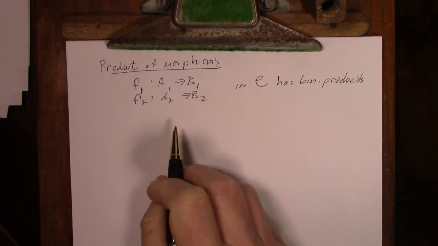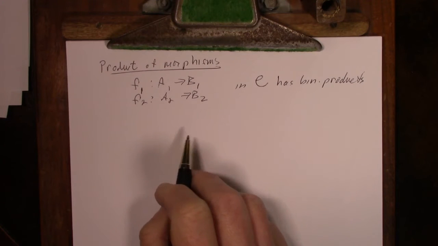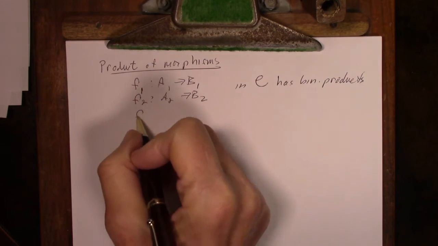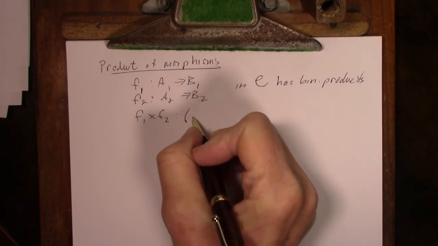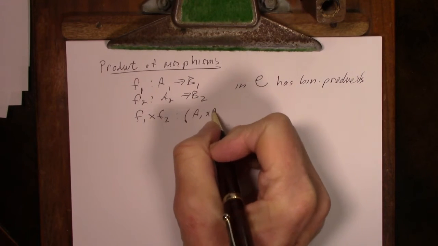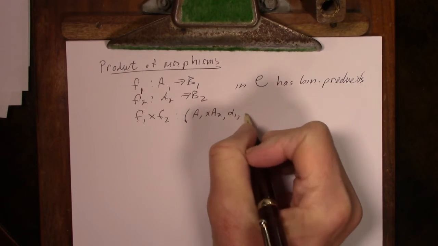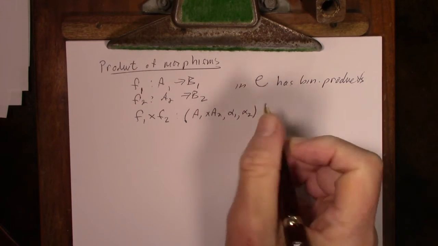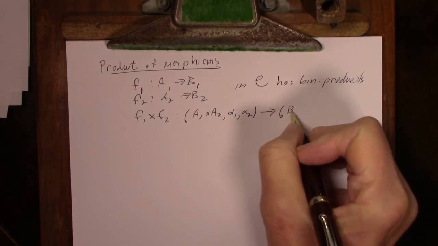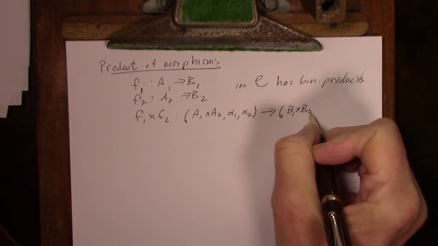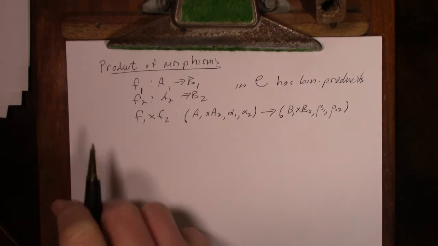Okay, we want to define the product morphism F1 cross F2, which will map A1 cross A2, here are the projections for that product, to B1 cross B2 with its projections like that.